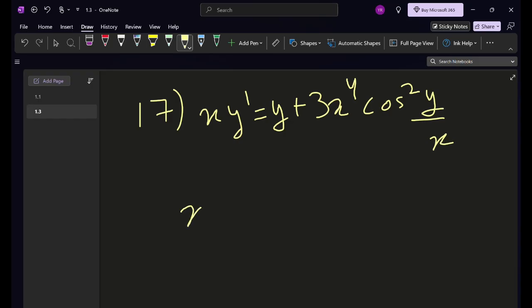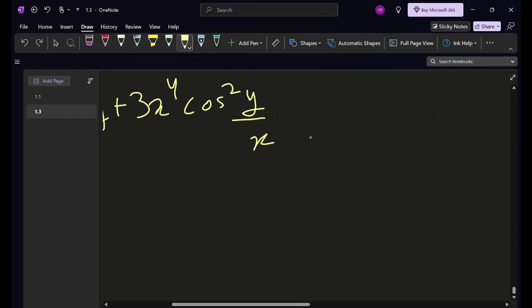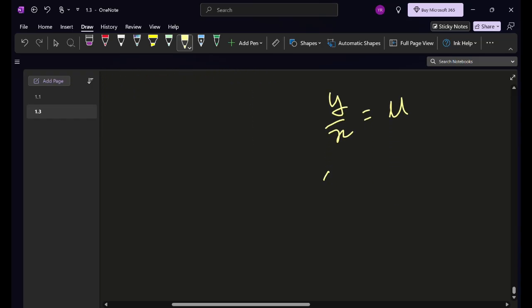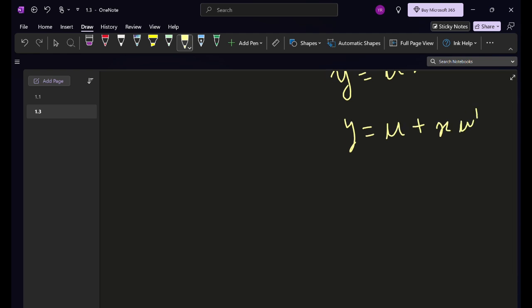So then from here we are gonna write y by x as u, which can be written as y is equal to ux, which means y dash is equal to u plus x u dash.